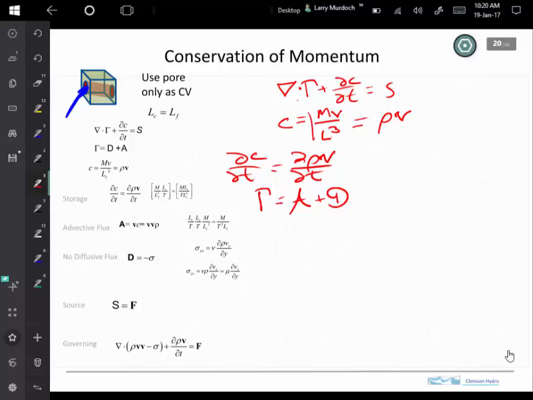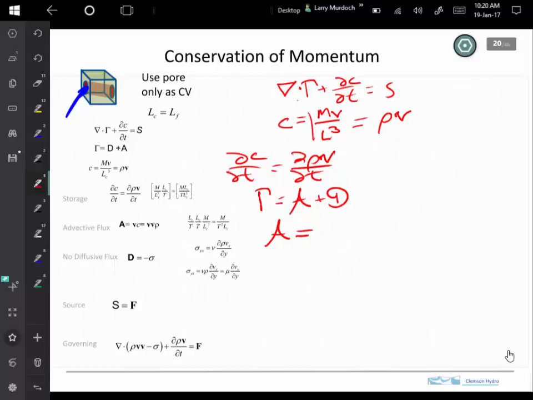And the advection of momentum: the general way that we're writing advection is we take the quantity C that we're interested in, and we multiply it by the moving fluid, the velocity. Or a more general way would be to multiply by the volumetric flux. But remember, we're right in the pore now, so we're just dealing with all fluid.